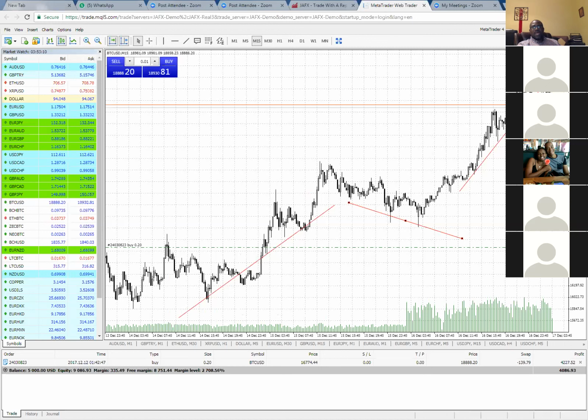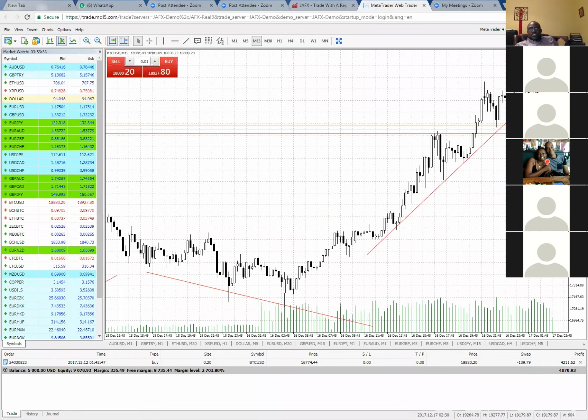Now we have a pullback evolving. We don't know exactly how far it's going to pull back, but typically the market remembers levels, and I can safely say that where this red line is right here is a level where the market can potentially bounce. Let me zoom out a little bit.